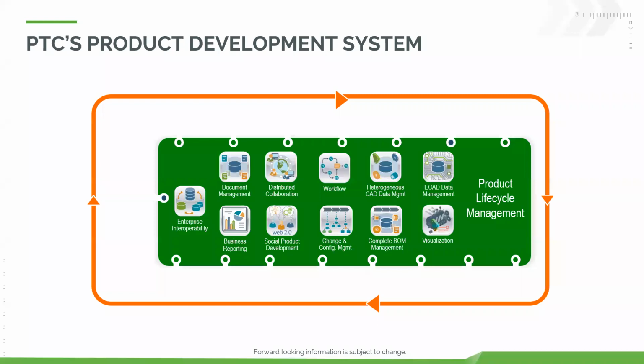Now there's nuances and aspects of this that Windchill does better than everybody. One of which that I'll point out here is managing all of the different types of CADs you have. A lot of times systems are built to work with one CAD system. Windchill's not. It works with all of the different types of MCAD systems you have, ECAD systems you have, and it takes all that information that you got and puts it into a single BOM where everything is related.